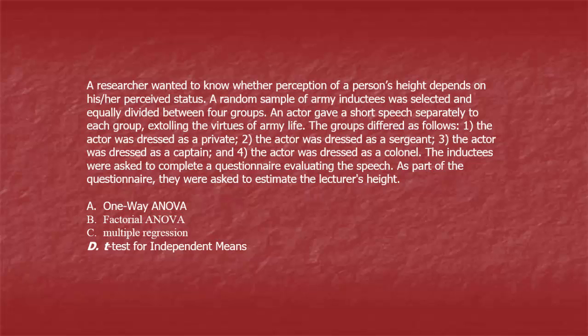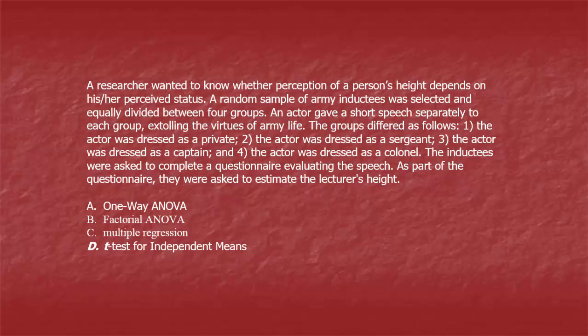The inductees were asked to complete a questionnaire evaluating the speech. As part of the questionnaire, they were asked to estimate the lecturer's height. So they're manipulating the perceived status of the person by manipulating how they're dressed and their rank, and Army folks would be very familiar with that.